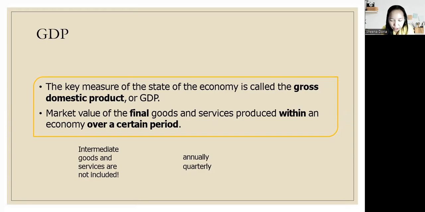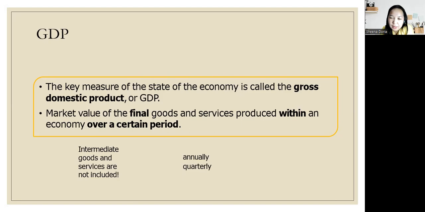So I checked the PSA definition for gross domestic product, and it is the value of all goods and services produced domestically. There's emphasis there, so later on we will differentiate GDP and GNP.